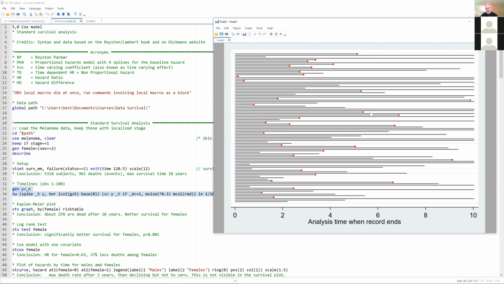That's why it's a very nice command to have. That's particularly important if you have multiple outcomes or multi-state models, where it's hard to keep track of everything. stset will do a great job of looking for errors there.